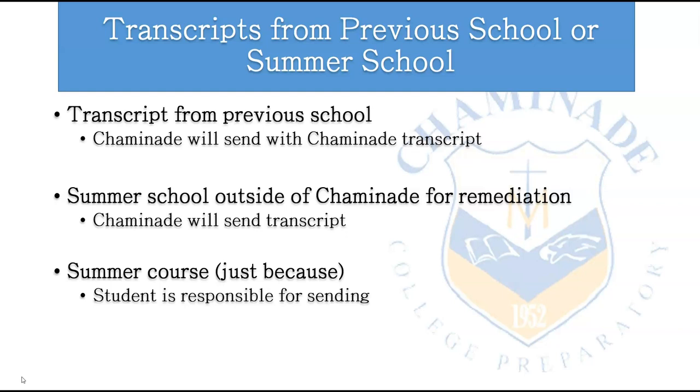If you took a summer school course outside of Chaminade for remediation purposes, meaning you didn't pass during the school year, please make sure your counselor has that transcript, and we will send it with your Chaminade transcript as well. If you have not yet provided Chaminade with that, please do so by requesting it from the school in which you attended summer school and having them send it to Chaminade.